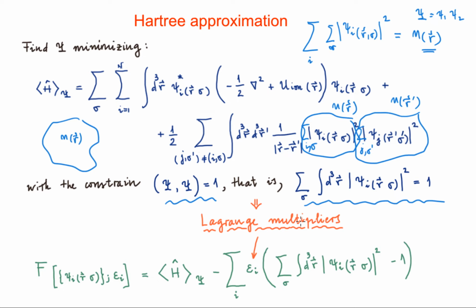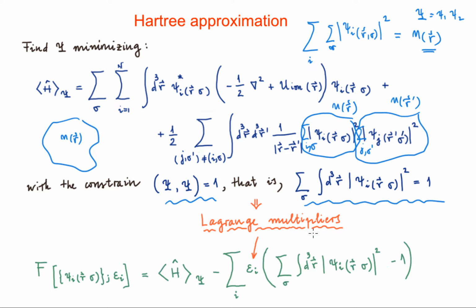basically means that we have to define a new function. In this case, we are going to call it f, which is the function that we want to minimize, which is all this expression here, then minus different terms with Lagrange multipliers times the constraint that has to be fulfilled.